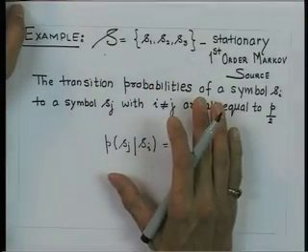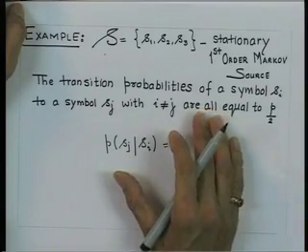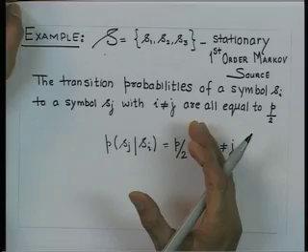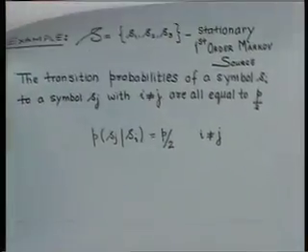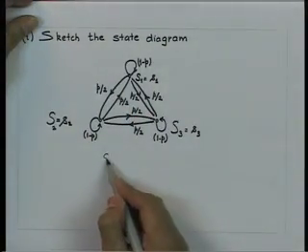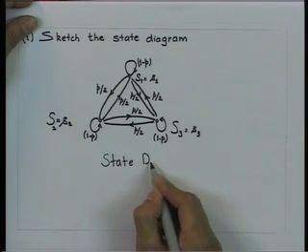The state diagram for the source will give us all the information which is essential for us to calculate all the transition probabilities. So if I take the state diagram for this, it would be something like this. This is a state diagram for the source under discussion.